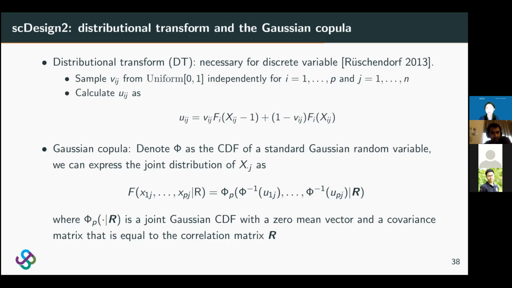I see. Another follow-up question: one randomness comes from the random seed generated from the uniform distribution, and the other I'm considering is, is it possible that there are other valid functions that can transfer x into u without using this specific form? Yeah, definitely. This is just one way.